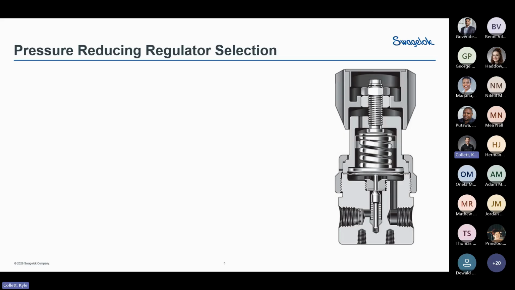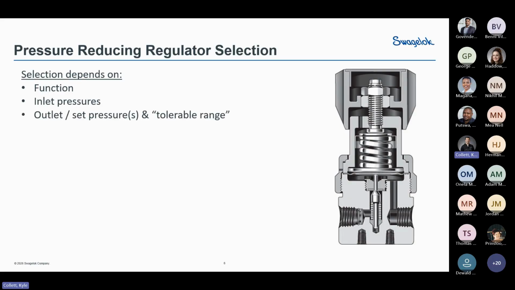All of these systems, though, do require some form of pressure control or regulation. When selecting a regulator, there's a variety of selection criteria that you need to take into consideration, starting off with the function of the regulator. For the most part in these gas distribution systems, you would typically want a regulator to reduce the pressure.